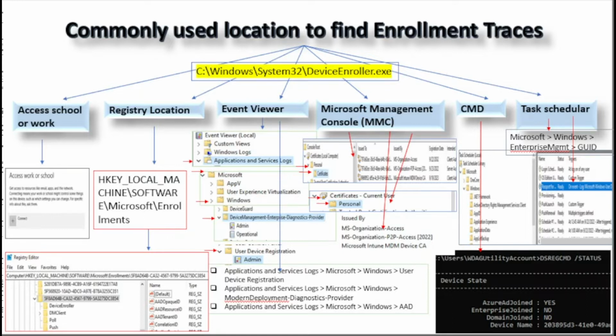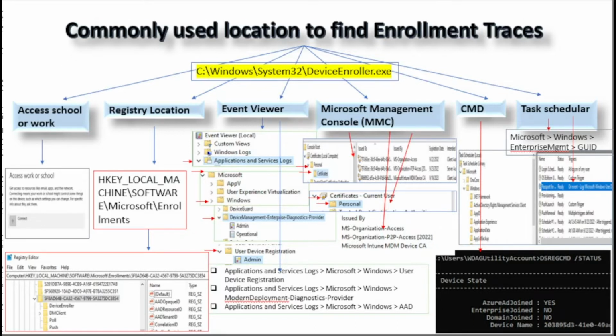The common locations are Access school or work, the registry, Task Scheduler, the Microsoft Management Console, also known as MMC, commands via command prompt, or even the Event Viewer, which is very useful when you want to track the enrollment steps.